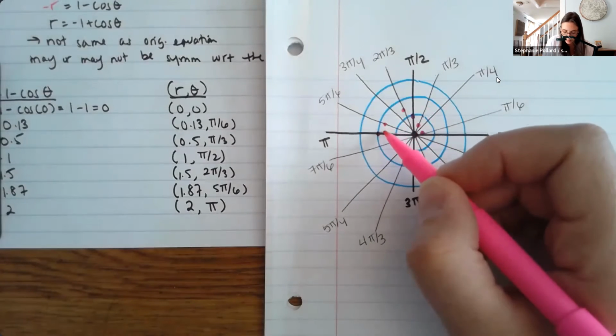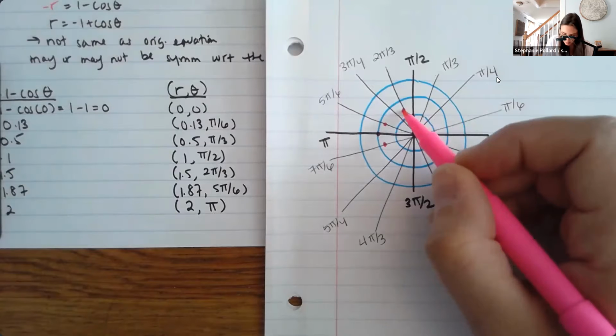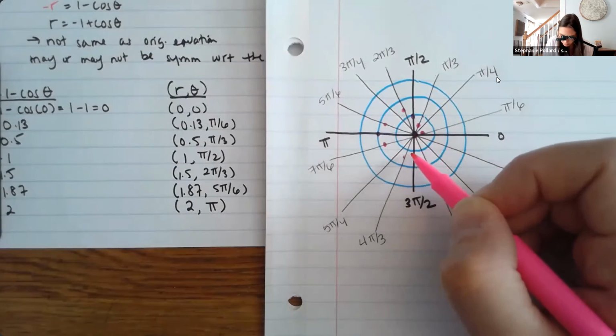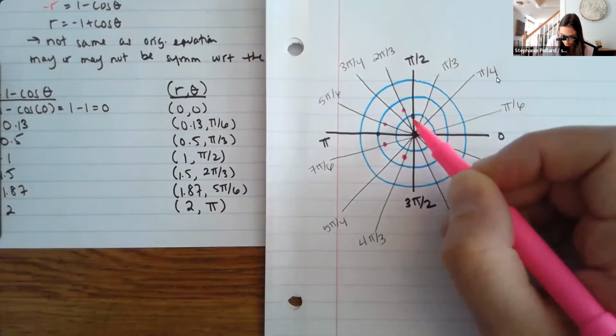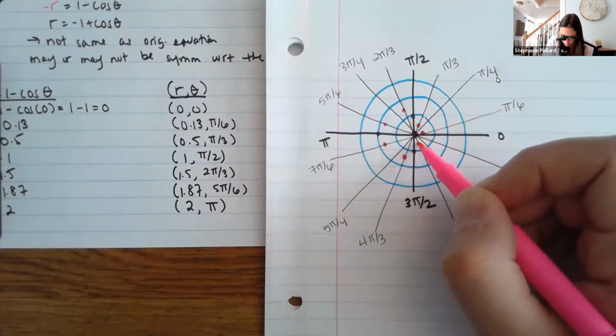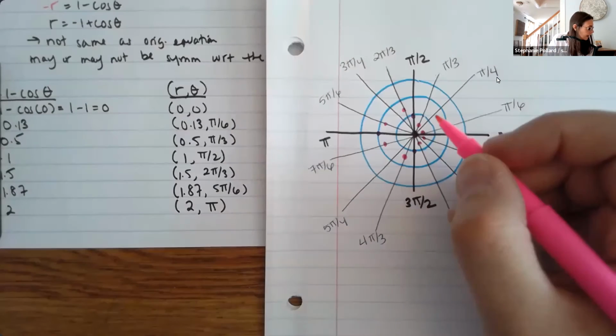This point here is pi over 3 above, so I'm going pi over 3 below and keep the radius the same. Here, again, I'm just going to mirror it below. Here. Here. Here.